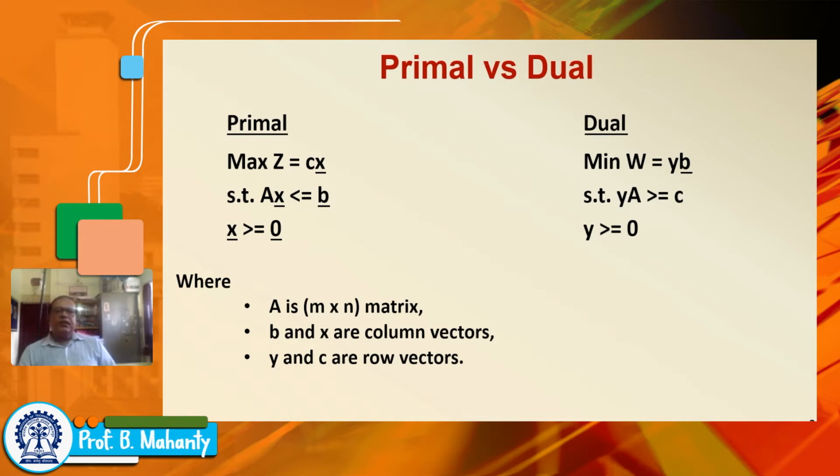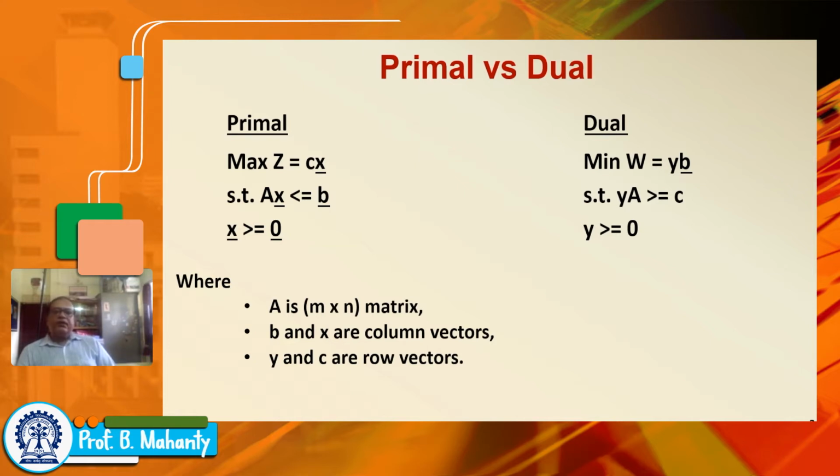The C matrix is the profit matrix, the profit coefficients associated with the individual unknowns or the decision variables, which are known as X. So supposing there are three variables x1, x2, x3, and there are three profit coefficients C1, C2, C3, then maximize Z equal to C1x1 plus C2x2 plus C3x3. So in a matrix form, we can write Cx.